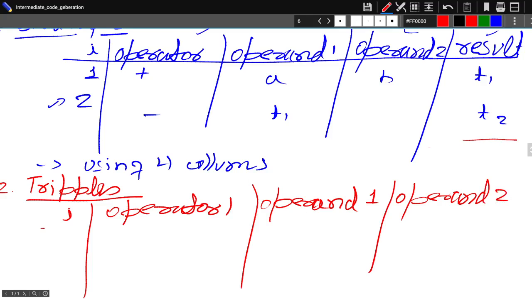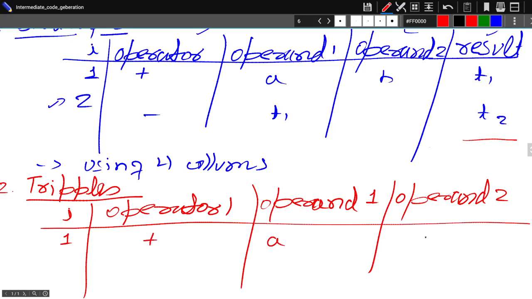So in this case, in the first one it is the same thing, plus A and B. In place of having another column for result, you can assume that the result is being stored here in the first.